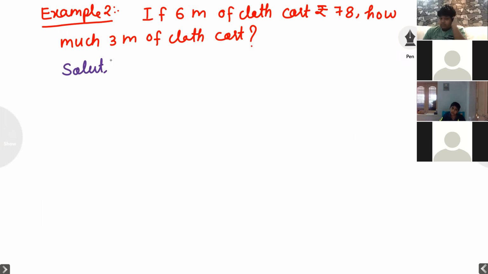First, read this question very carefully. If 6 meter of cloth cost is 78 rupees, how much is the cost of 3 meter?